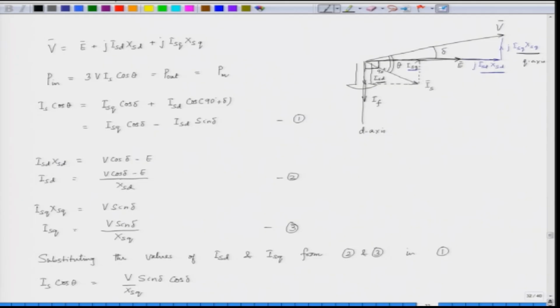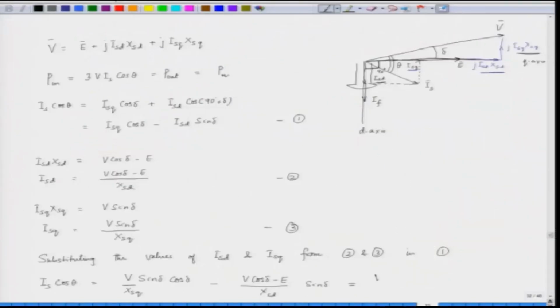I S D is given by this equation. So, minus V cos delta minus E by X S D into sin delta. Now, we have the product of sin delta and cos delta.